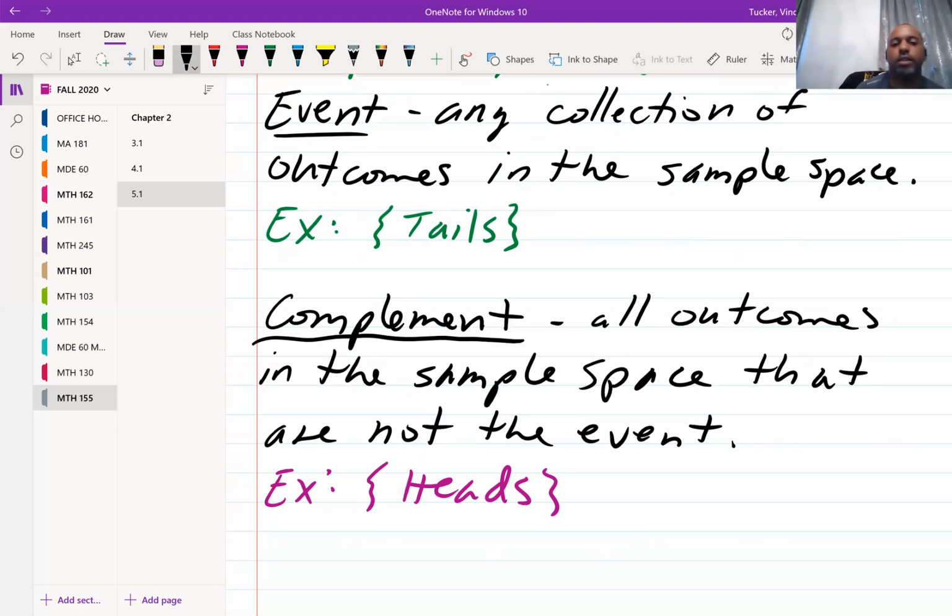So then they introduce the complement, which would be all possible outcomes in the sample space that are not the event. So if our event was landing tails, then our complement will be heads. All the outcomes in the sample space that are not the event.